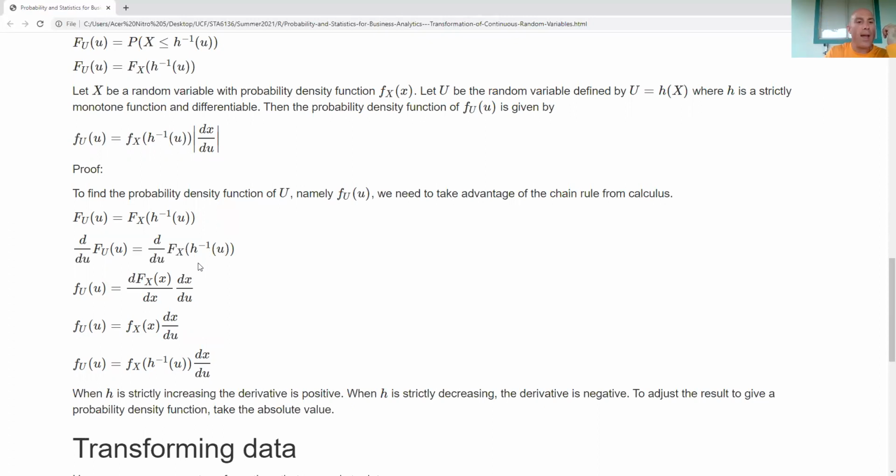I can go about this by changing this to the derivative with respect to x on this part, and I change this to x, to be consistent. But remember, by chain rule, I have to pull out this x and take the derivative with respect to u, and boom, I've got that.